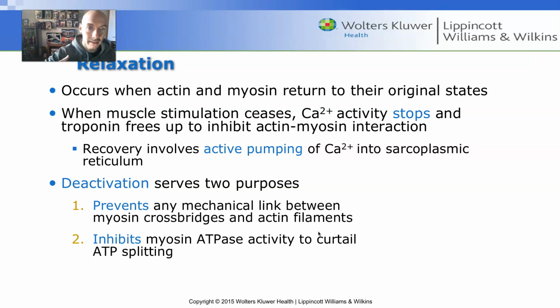And that then moves tropomyosin back into blocking position and causes the relaxation of this muscle, right? So deactivation from the brain basically prevents any mechanical link between actin and myosin, and it also then inhibits ATPase activity, right? Which would save energy and prohibit any more ATP from being split, because we're now in a relaxation phase.